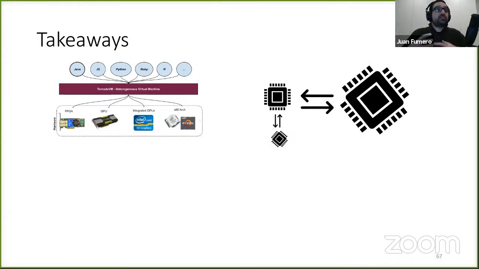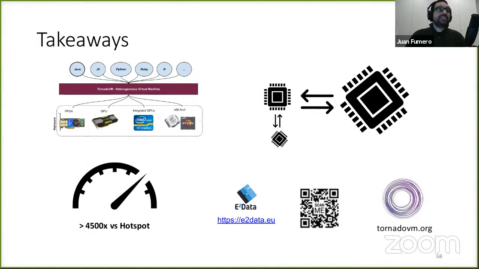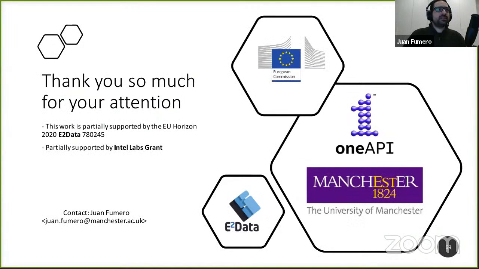Also, I hope I convinced you that we can perform task migration, which is a very powerful concept to have in Tornado, and that we can get really high speedups. So with that, I conclude my presentation, and I think we have a bunch of questions already, which I'm really happy to answer. Thank you very much for your attention.